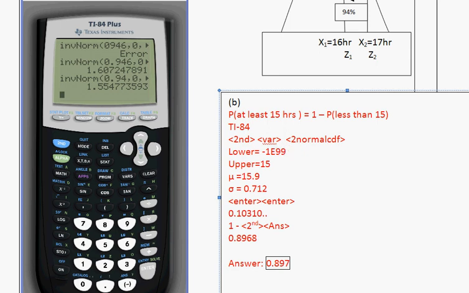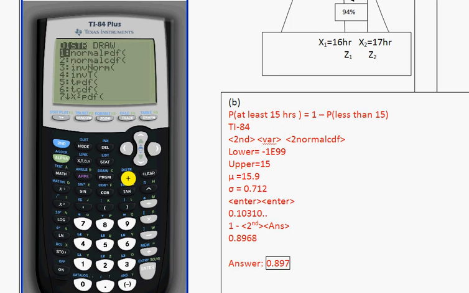Right. So second var, normal CDF, it is second line, so 2. Lower is yes, I agree. Upper we put 15.